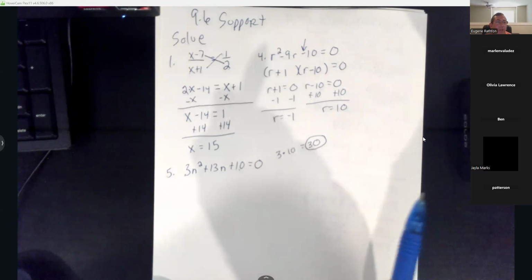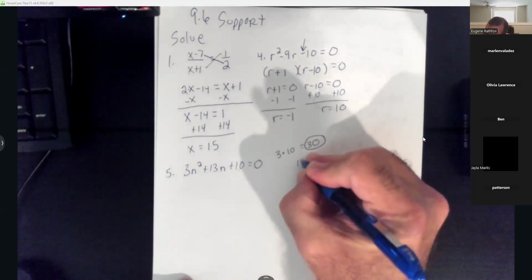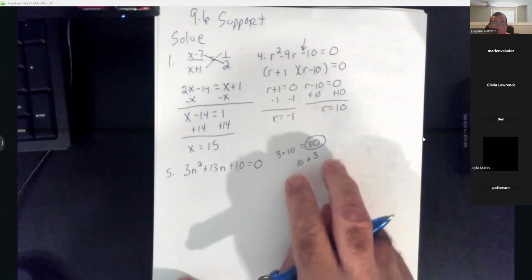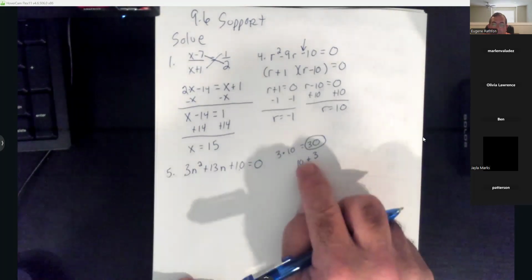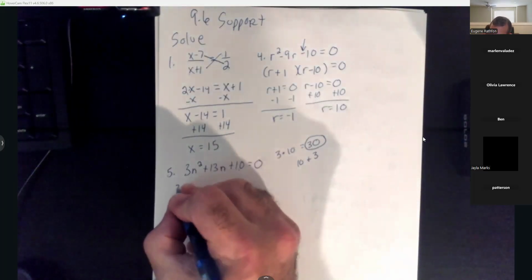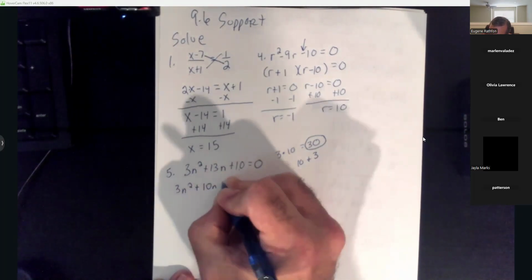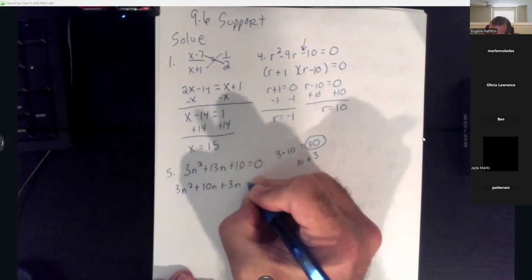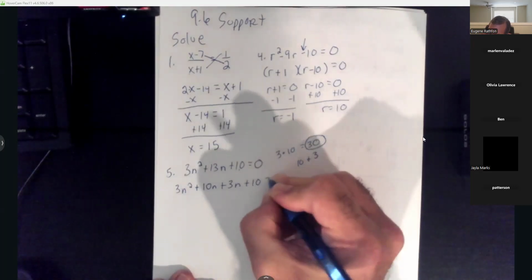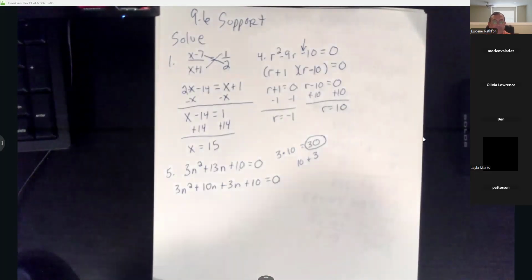So we got 1 and 30, so 10 and 3 will work. So y'all, what we're going to do is rewrite the middle using 10 and 3. So we got 3n squared plus 10n plus 3n plus 10 equals 0.